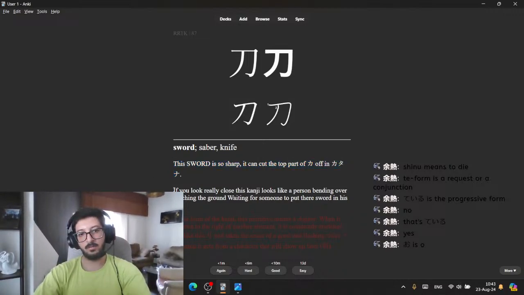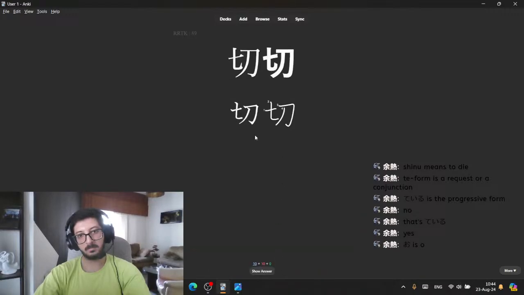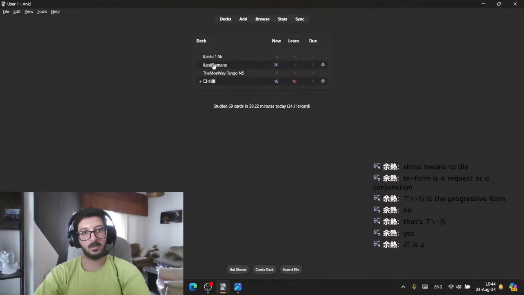So if you look really close to this kanji, this kanji looks like a person bending over, touching the ground, waiting for someone to put the sword in his ass. I don't understand.